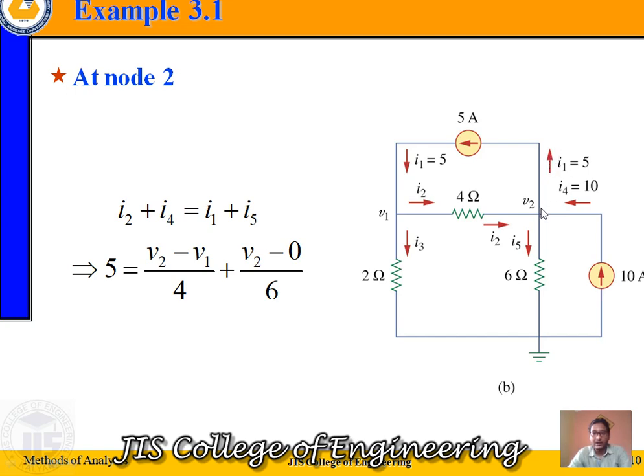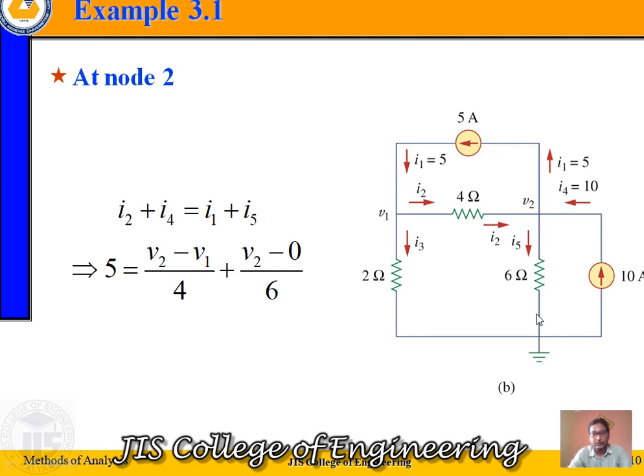I1 is coming out of that node and going to V1, and the direction of I1 and the direction of this current source are the same. So we consider I1 equal to 5 ampere, and I4 equal to 10 ampere, as the direction of I4 and the 10 ampere source is the same.